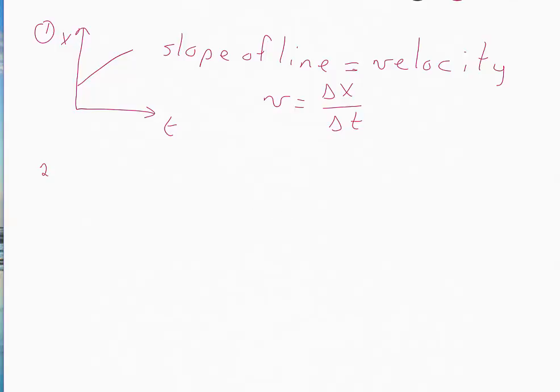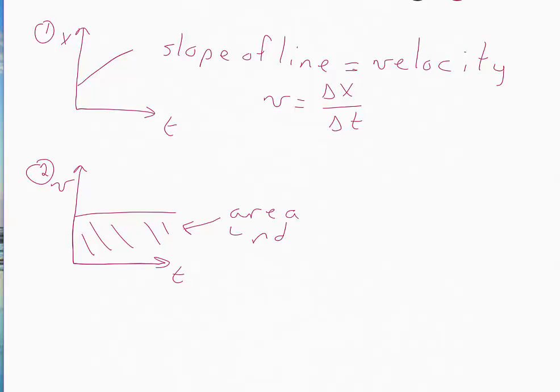If we go ahead and make a velocity time graph from this, then we're not going to worry about the slope of the line right now, but instead we're going to worry about the area under it.